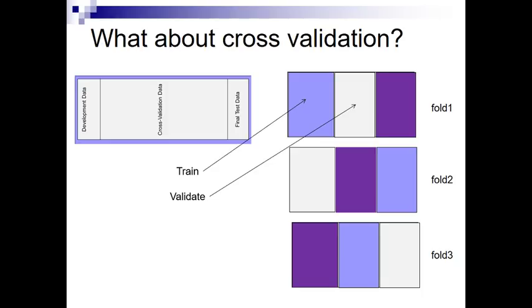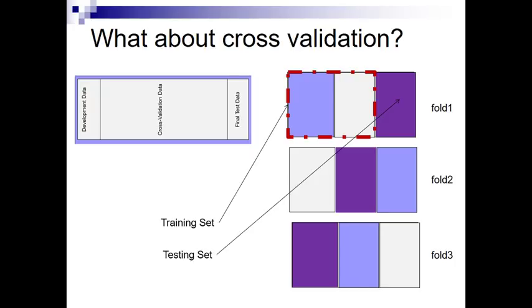We'll see which one is best. Then we'll combine the train and validation set into a training set. Then using the decision that we made when we divided between train and validation, we'll train a model now over that whole training set. That's the square of data that you see highlighted here with red dashed lines.